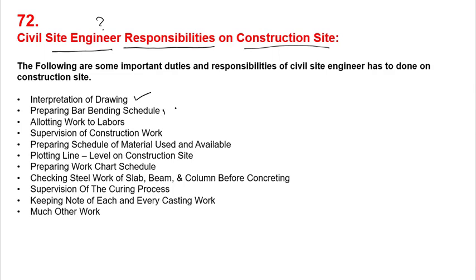And the second important point is you must know how to prepare bar bending schedule, and then allotting works to the labor and supervision of construction work, preparing schedule of material used and available, and then plotting line means leveling on construction site, or you must have the knowledge of surveying, and then preparing work chart schedules.